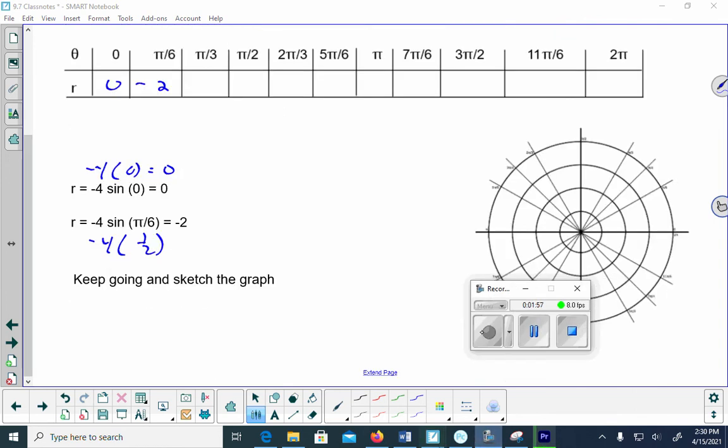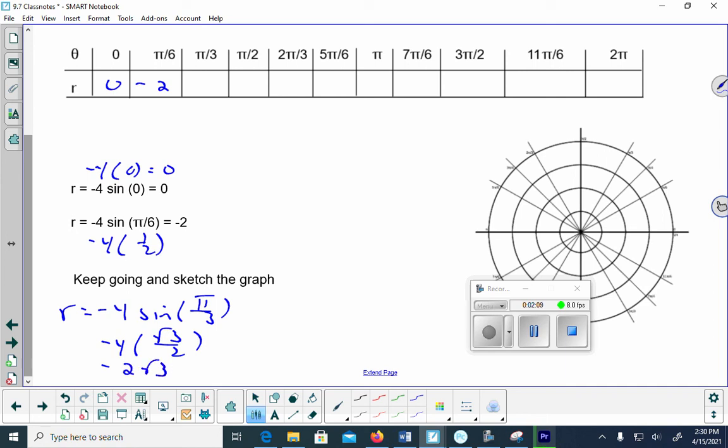If I keep going, R is equal to -4 times the sine of pi over 3. The sine of pi over 3 is the square root of 3 over 2, so that's -2 times the square root of 3 when I simplify it. Next one, R is equal to -4 times the sine of pi over 2. This will be -4 times 1, so this will be -4.